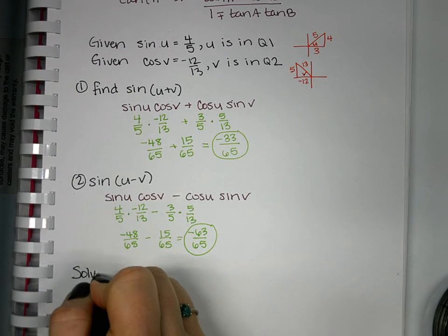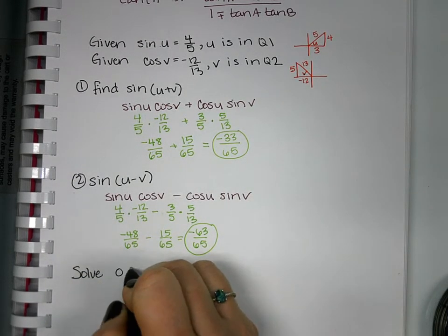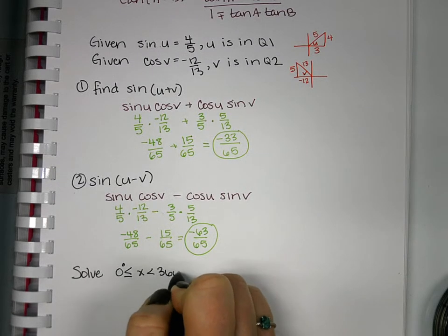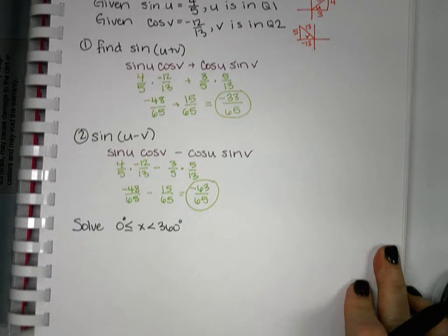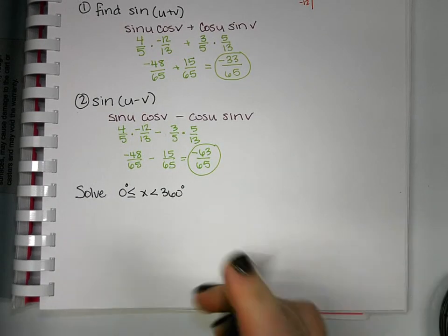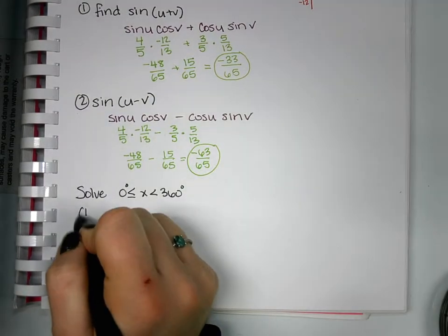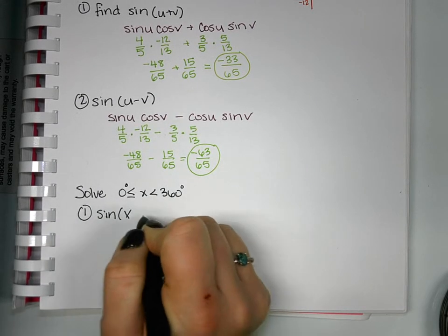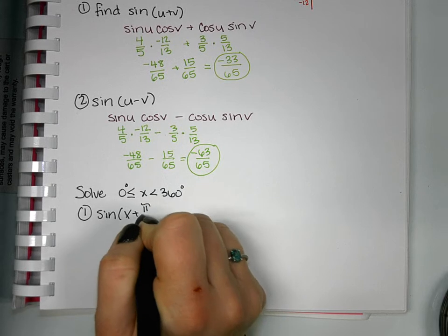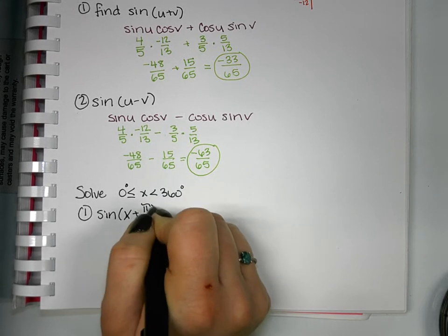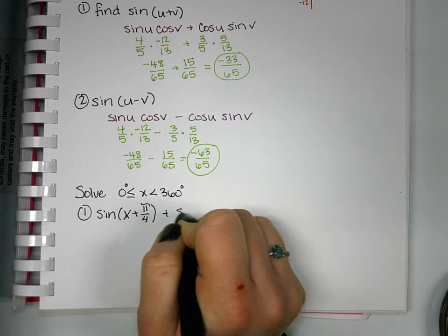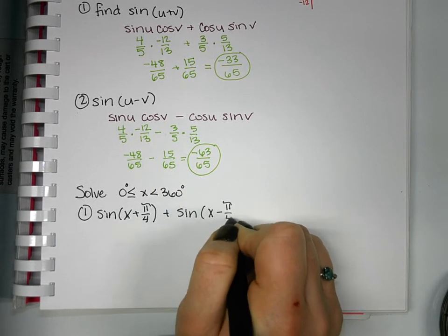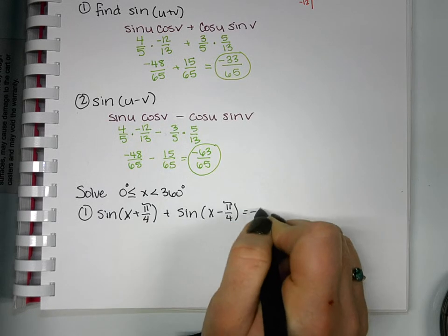So we're going to learn how to solve over the interval 0 to 360, in other words, doing what we just finished on our last test, and we're going to solve things like sine of x plus pi over 4 plus sine of x minus pi over 4 equaling negative 1.